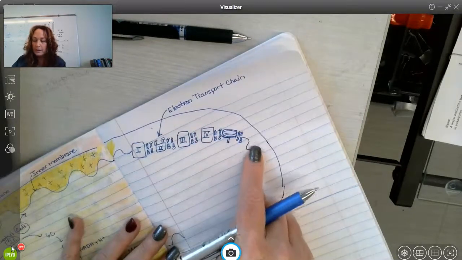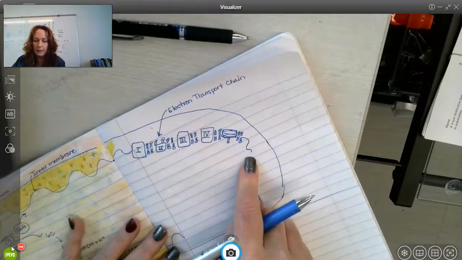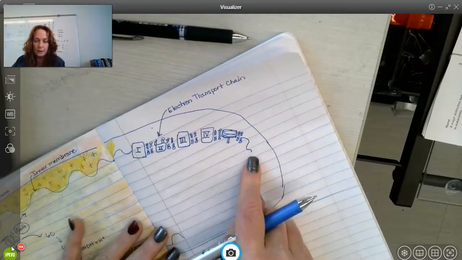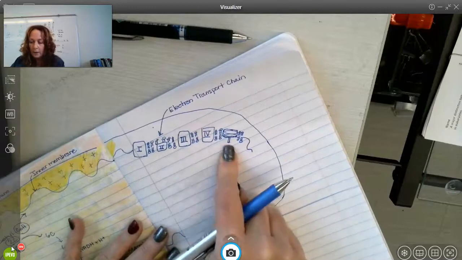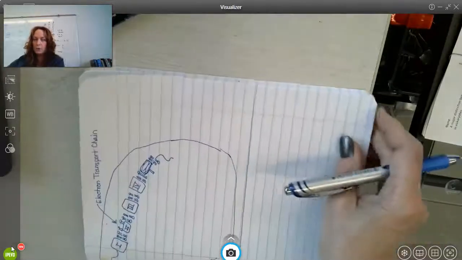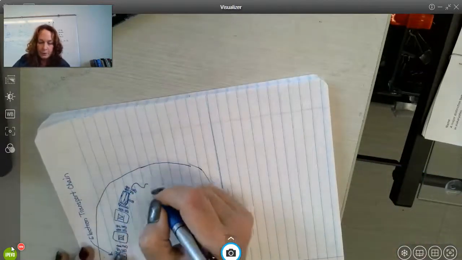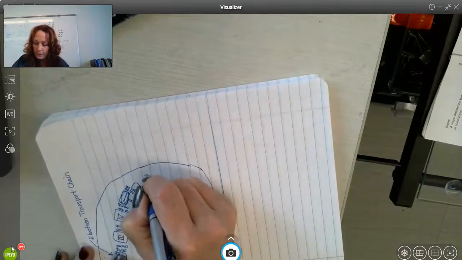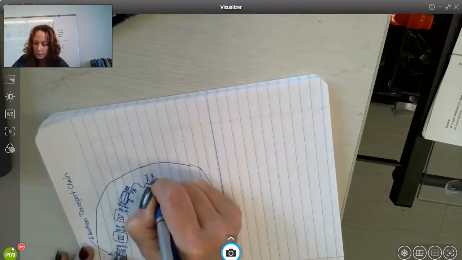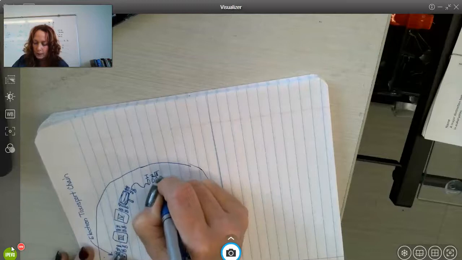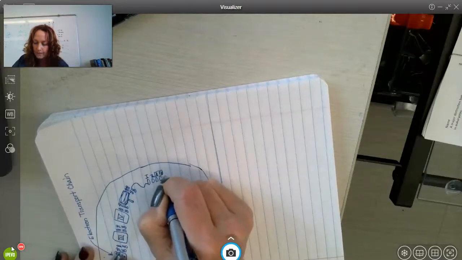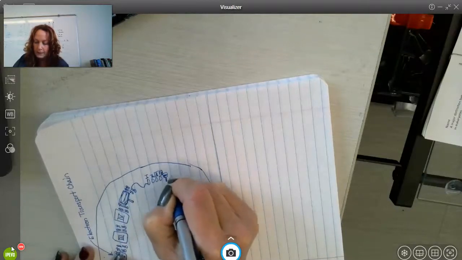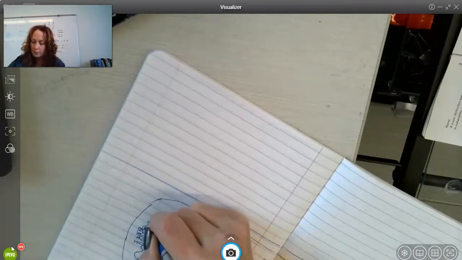And all of this enfolding of this membrane gives you more surface area, and so you can have gobs of these. So I'm just going to turn my paper, and I'm just going to do some simple, this is 1, this is 2, this is 3, this is 4. That's ATP synthase. Draw a couple more.